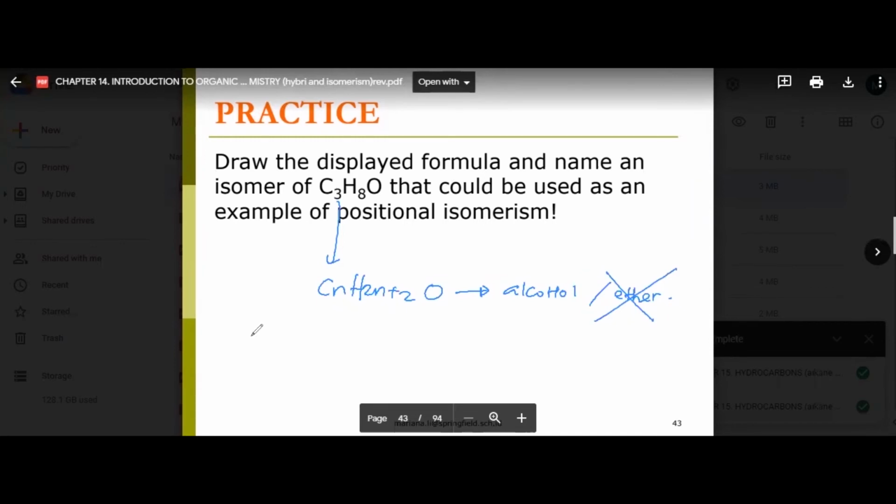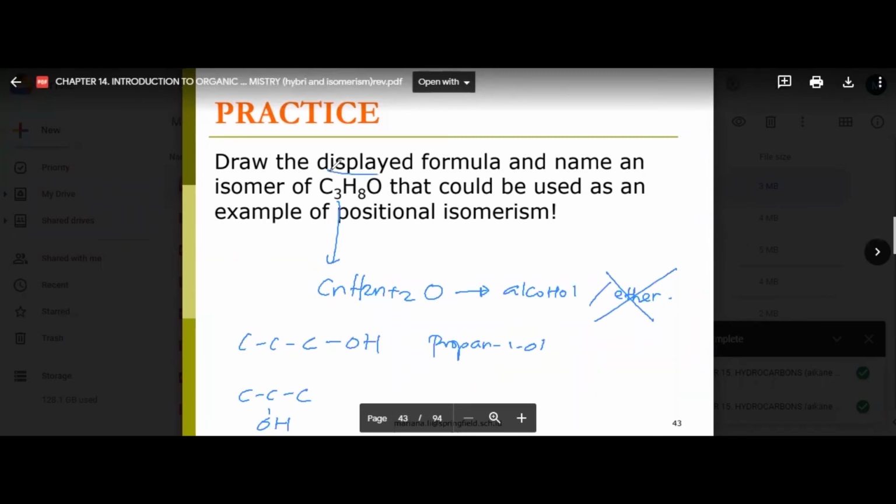Okay, 3 C's, so 1, 2, 3 with the OH group here gives you propan-1-ol, and you can move it to here, propan-2-ol. No other possibility, right? So the isomers would be propan-1-ol and propan-2-ol.